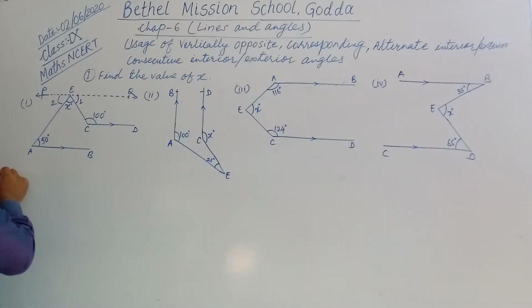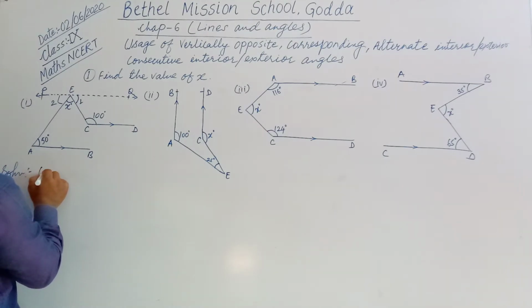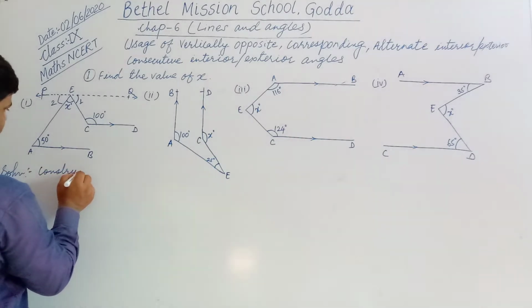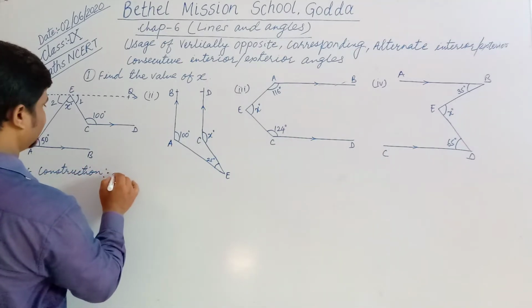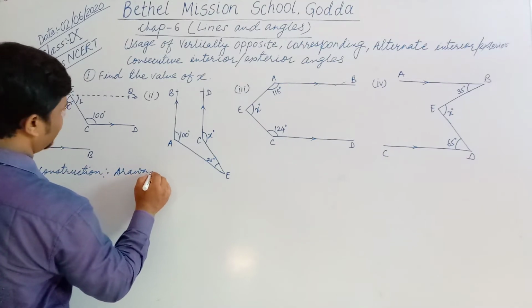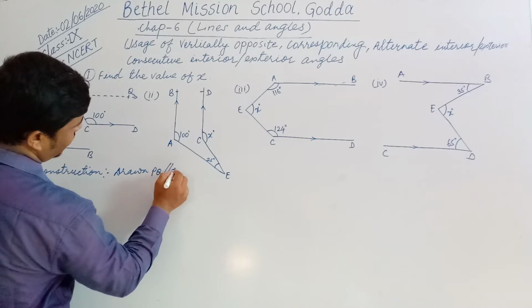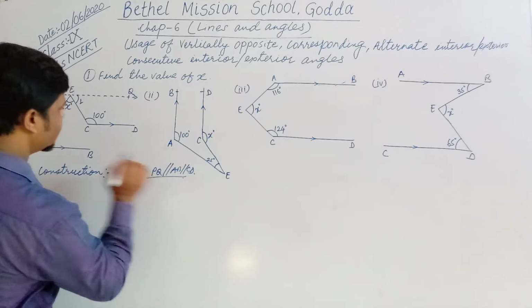So what will be the solution? First you will write the construction: PQ is drawn parallel to AB parallel to CD.